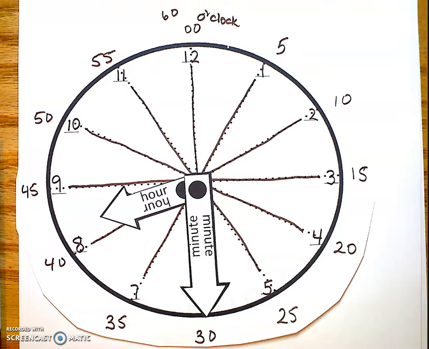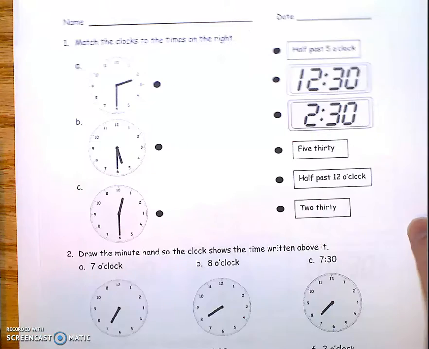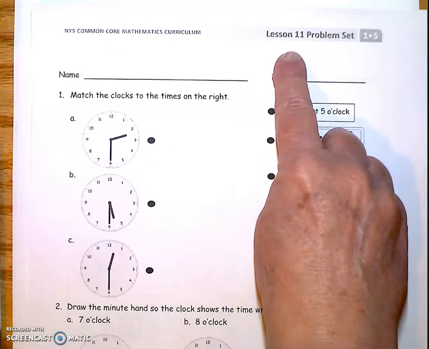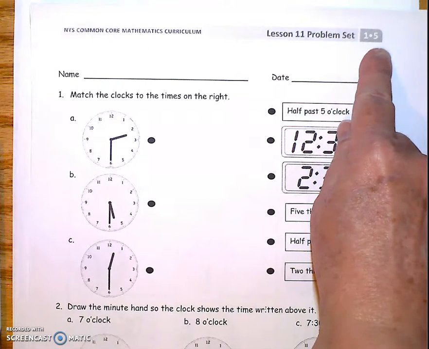We're going to practice doing this now. Are you ready? Do you have your worksheet? Here we go. Lesson 11, Problem Set. First grade, Module 5.